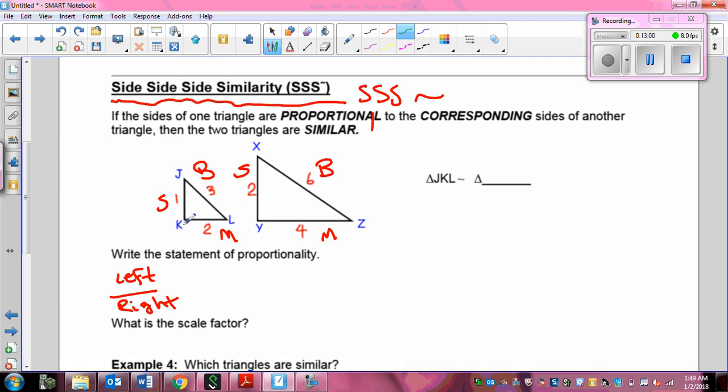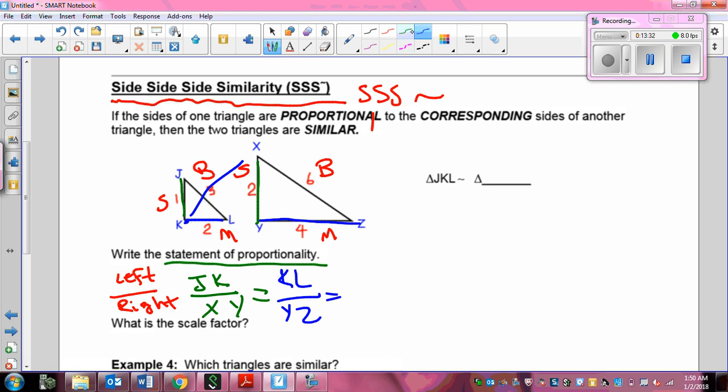So I could put 1 over 2, but I'm going to use the sides because they want my statement of proportionality. So I'm going to actually name my sides. This side right here is JK, and this side right here is XY. And that has to be equal to this side right here, KL, over YZ.